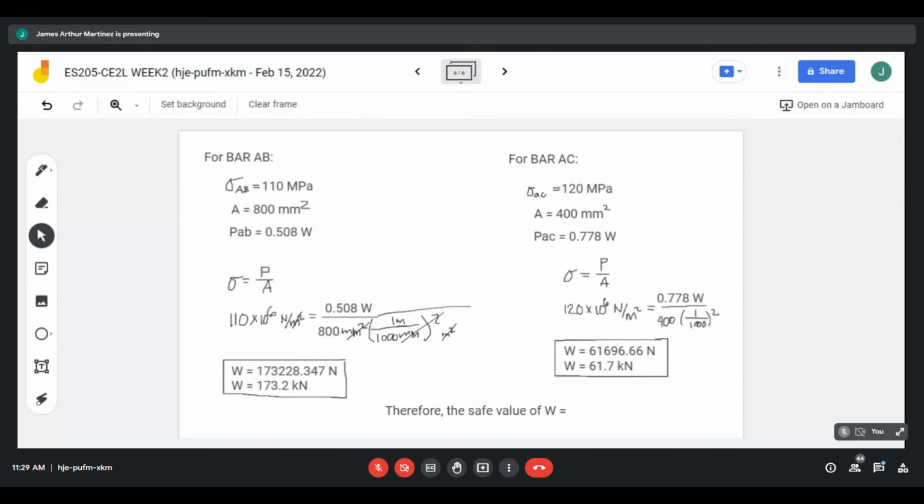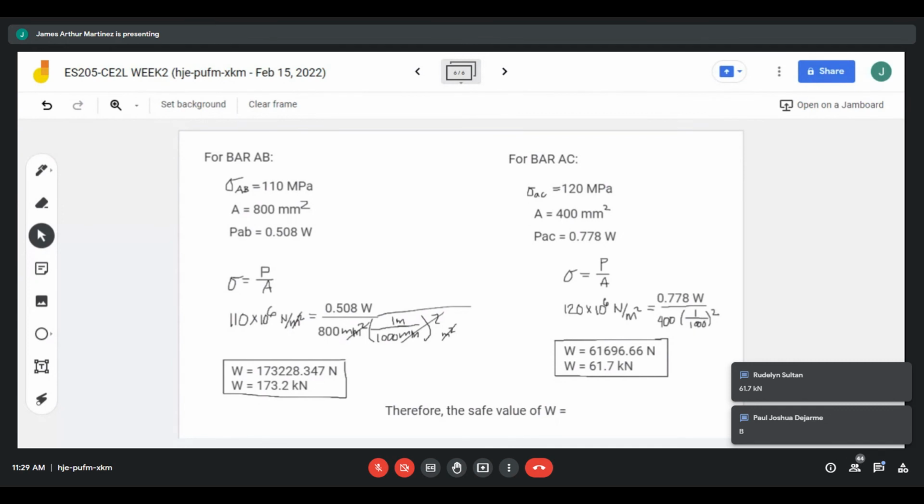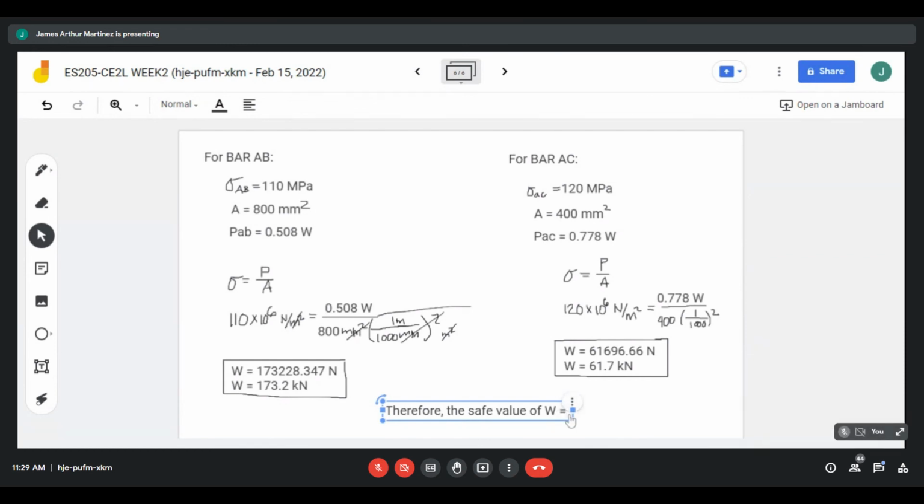So what do you think? What is the safe value that we declare for our weight? 61.7, sir. Okay, so that's right. So it's letter B. It's actually 61.7.